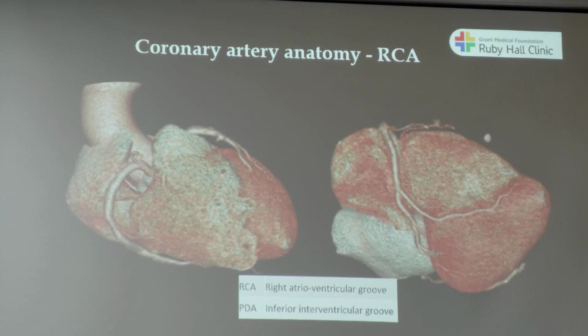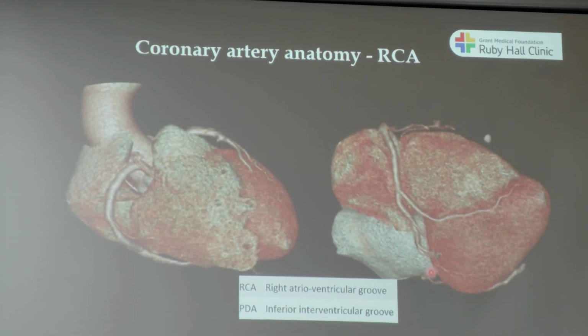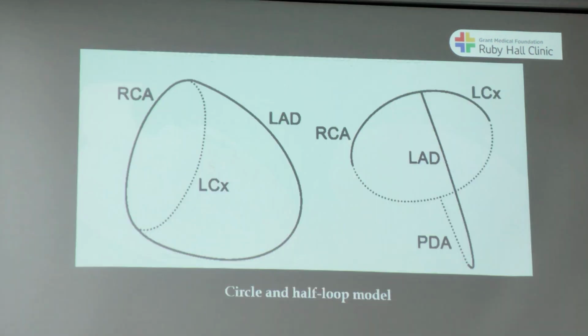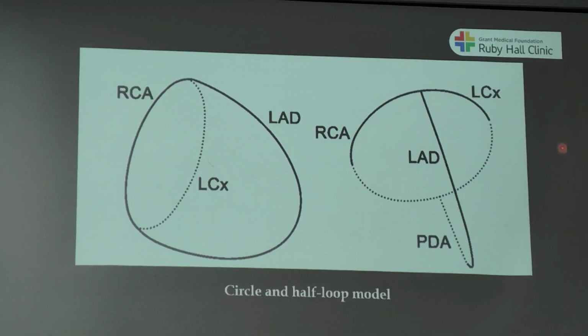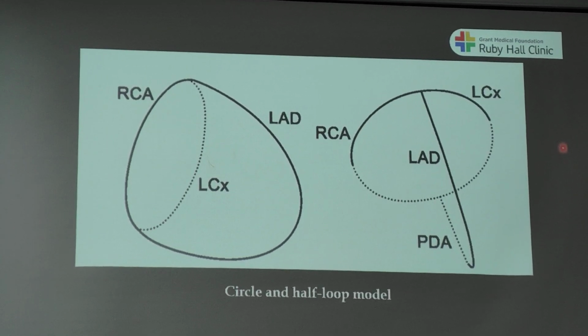The PDA runs into the inferior interventricular groove, and this is the PLV, which is a posterolateral ventricular branch. Okay, so this is how the entire circle is formed. This is your RCA, this is your LAD, this is your LCX. So this is called the circle and half loop model. This gives the blood supply to the entire heart from all the sides.